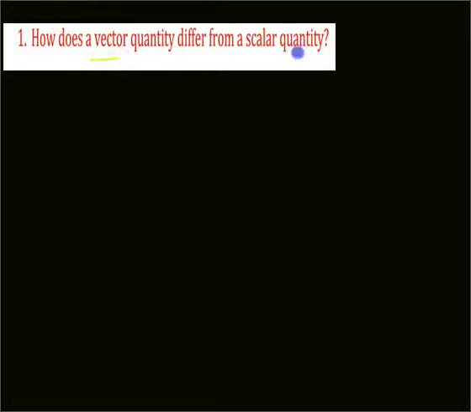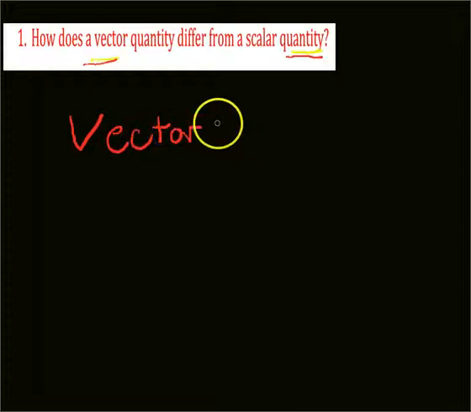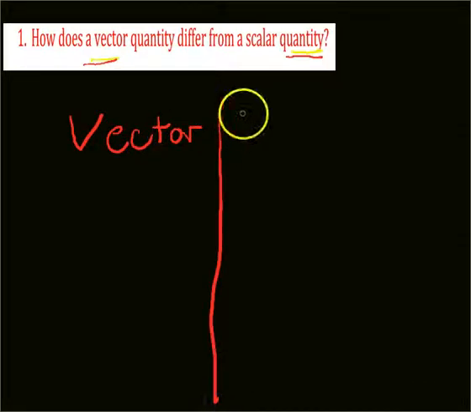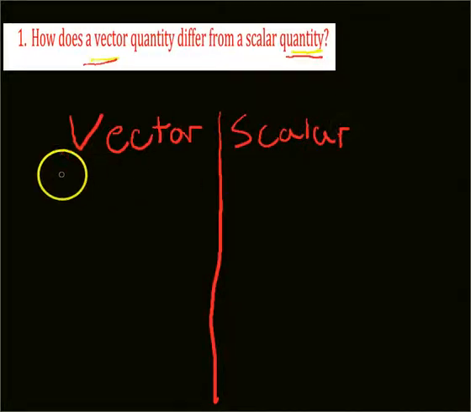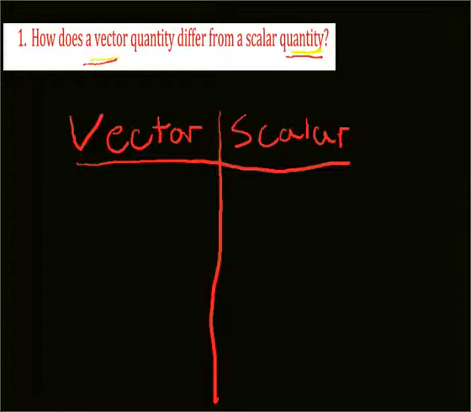So we have vector and scalar, and yellow is not a very good color for this, so I'll use orange. I remember I made a chart in the video on vector and scalar, so let's just do that again. Vector, scalar. I'm sure you guys know this now because you've gone through chapter 3, but let's go into it a little bit.